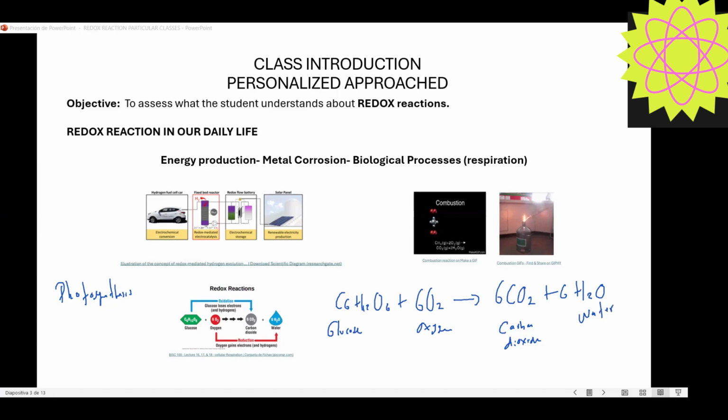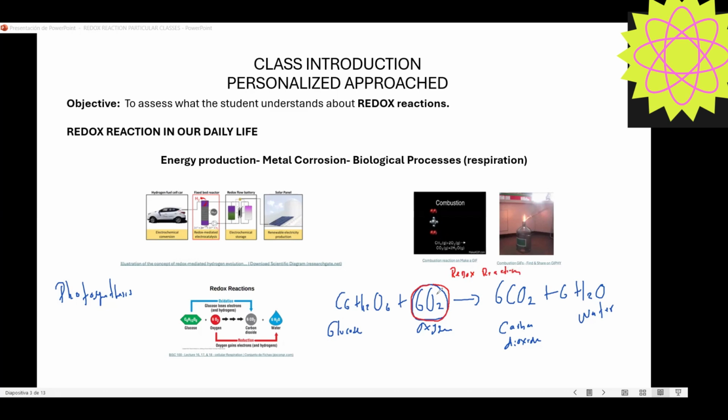All right, one of the tips that I provide to my students is basically that when you have a pure substance, in this case, this can be called pure substance because we only have oxygens here. When there is a pure substance in one part of the equation, this is going to be a redox reaction.